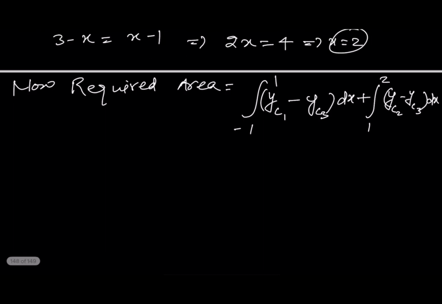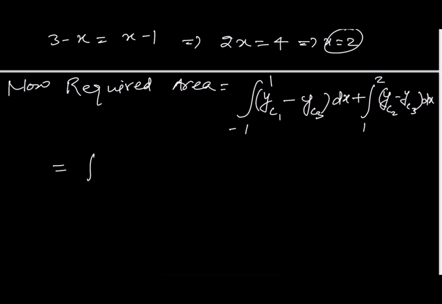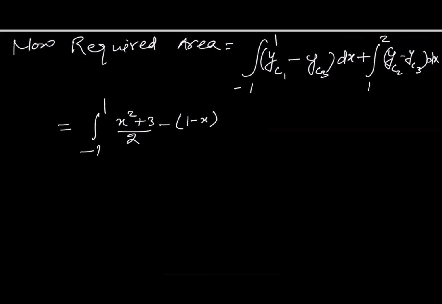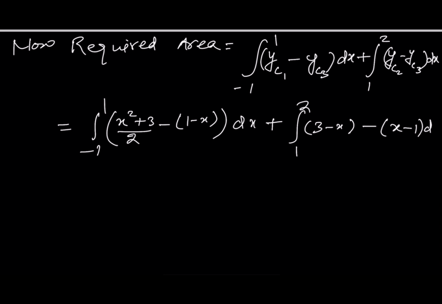So it will be the integral from minus 1 to 1 of (x square plus 3 by 2 minus (1 minus x)) dx, plus the integral from 1 to 2 of (3 minus x minus (x minus 1)) dx.